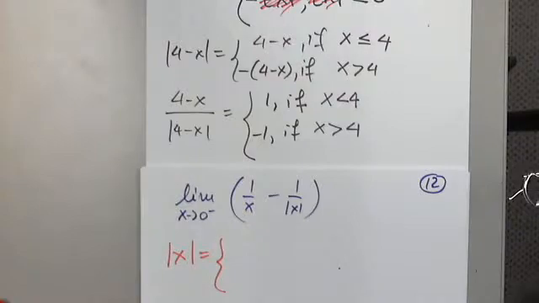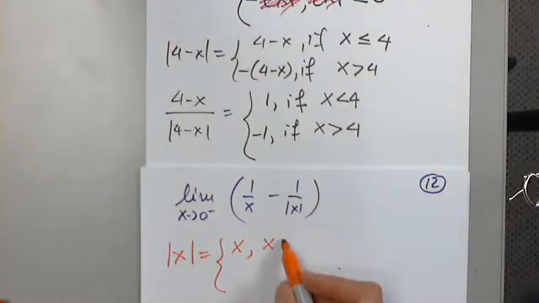What are the options for the absolute value of x? Right, so the first one will be x, comma, x greater than or equal to 0. Awesome.